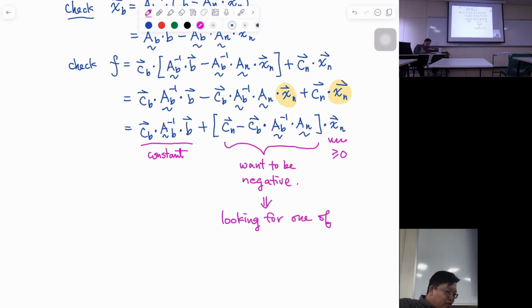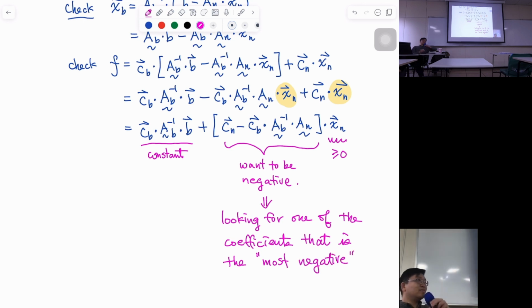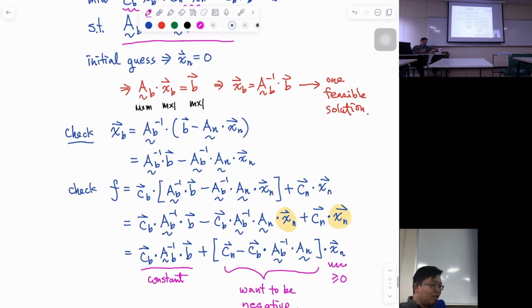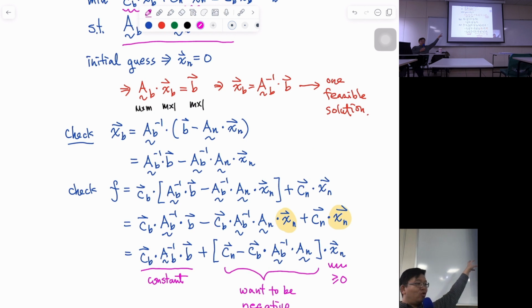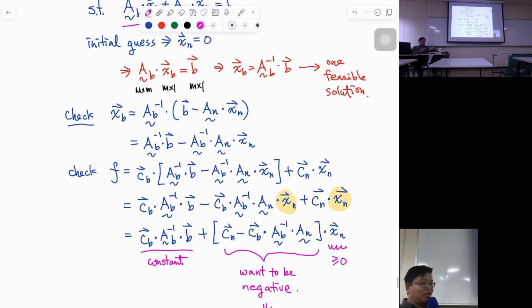So we are looking for one of the coefficients here that is the most negative. Very important. Choose that one. We only pick up one of them. Why do we do that? Because initially xN equals 0.